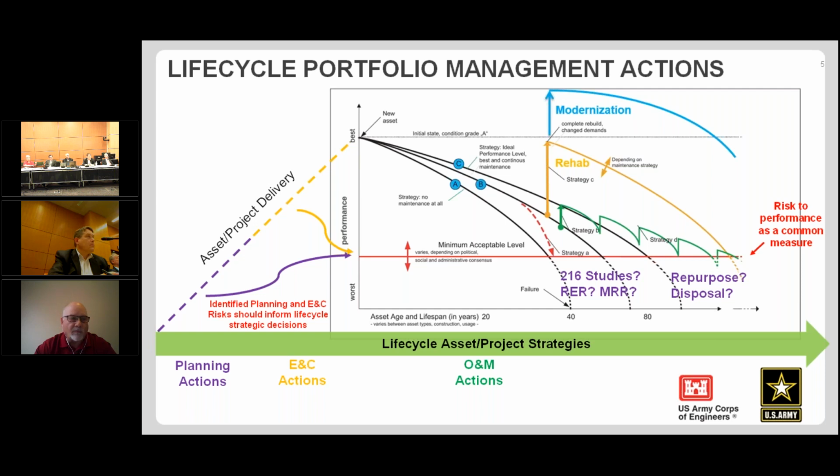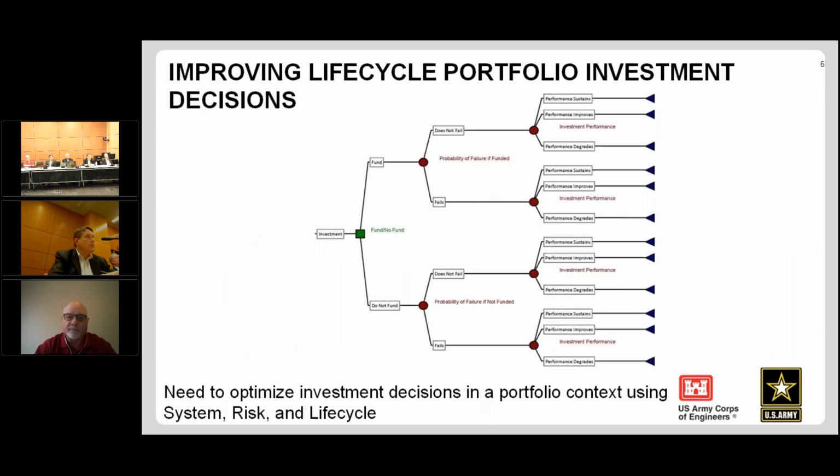And then the sawtooth on the bottom there are just some sequential investments that you may make periodically to increase the life of a particular asset. Now you can go to the next slide.